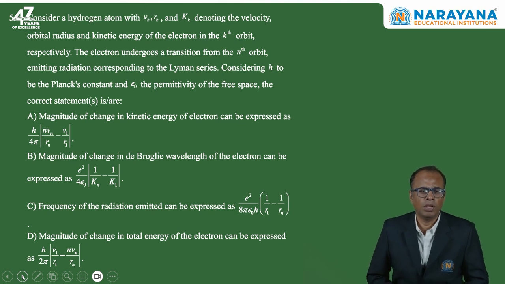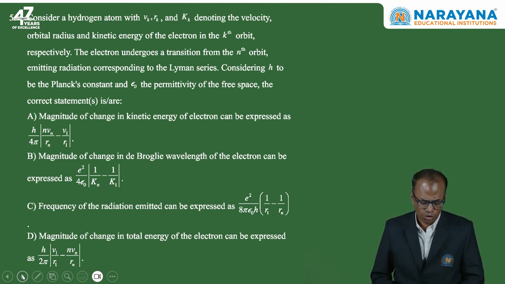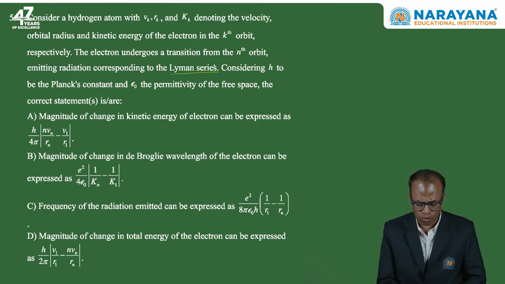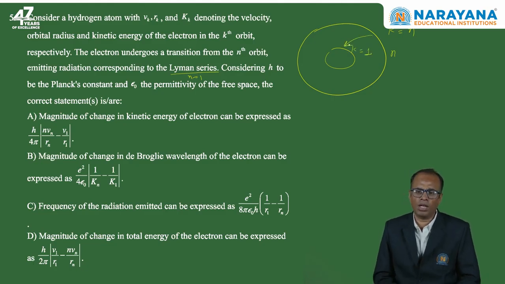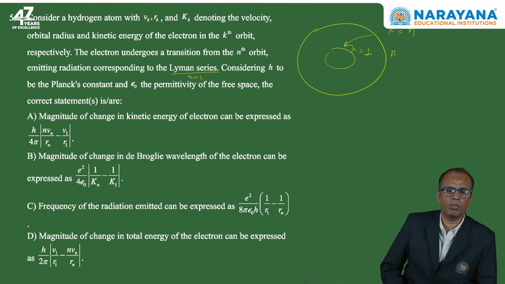Be careful about it. Nth orbit emitting radiation corresponding to Lyman series. So when it is corresponding to Lyman series, that means it is going to jump back to 1. So from k is equal to n to k is equal to 1 is the transition that is happening. So k is the principal quantum number over here.